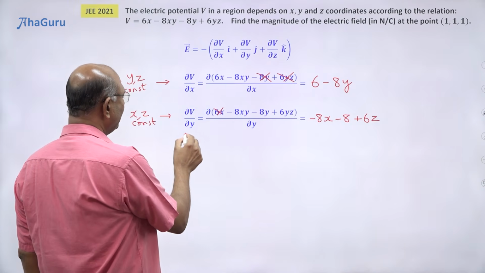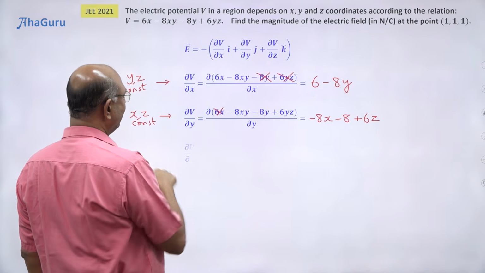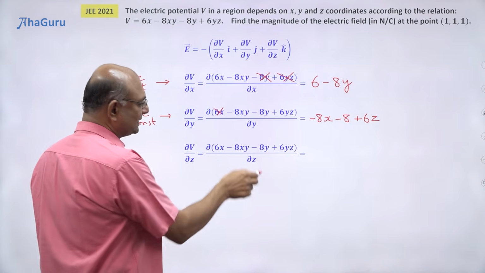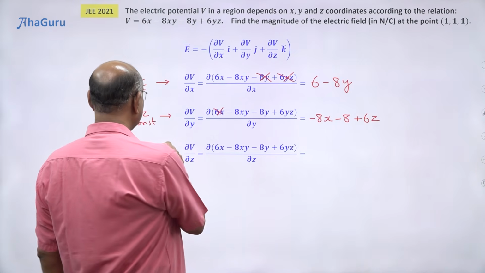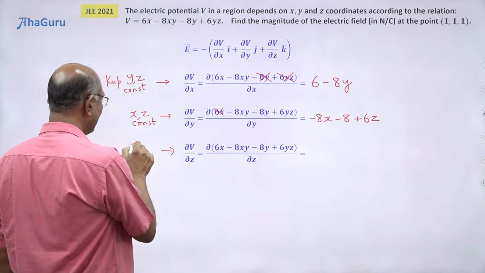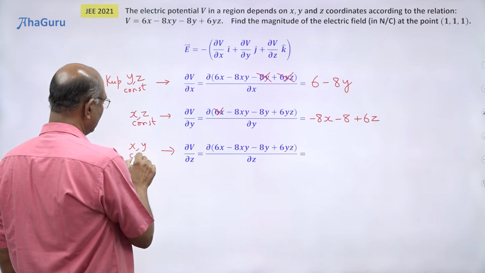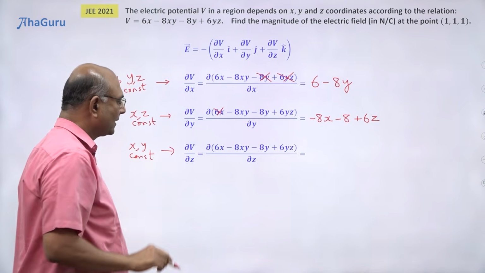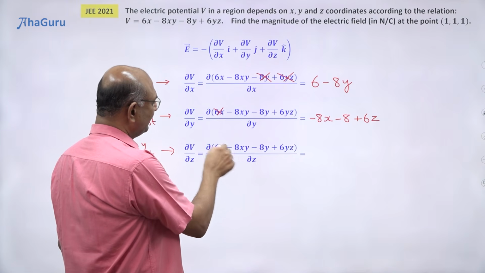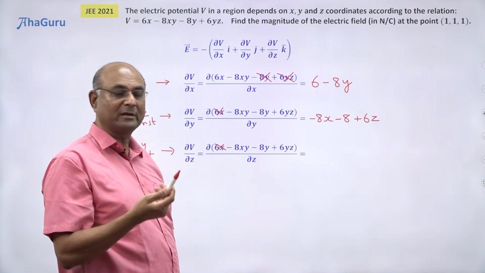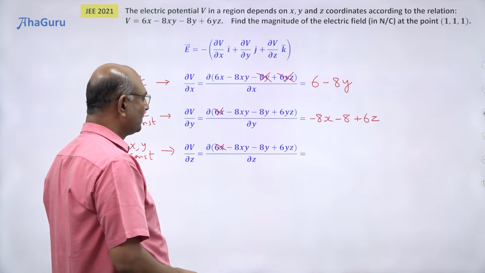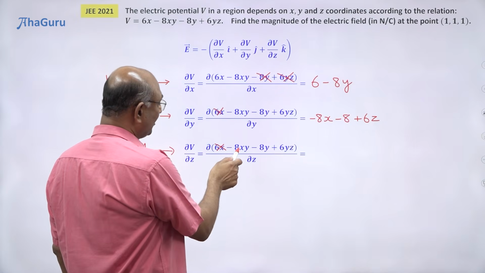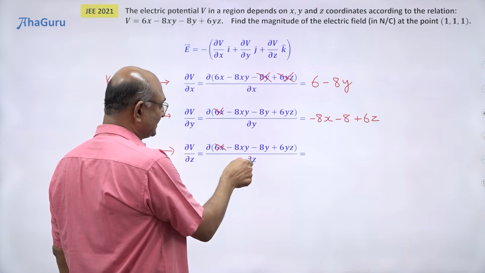And then I also need dou V by dou z. What will it be? Well, differentiate with respect to z. That means in this case x and y are constants. If x is constant, when you differentiate 6x, overall it's a constant, 6 is constant, x is a constant. So when you differentiate, you're going to get 0. x and y are both constant, so xy is a constant as far as z is concerned.